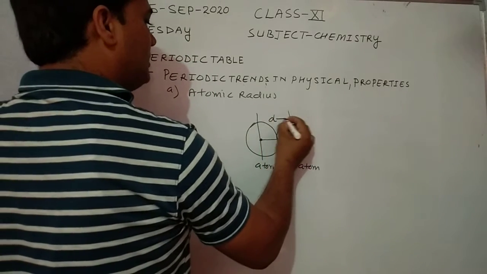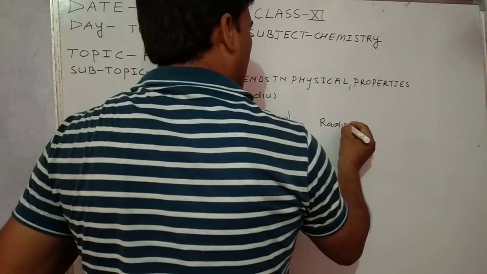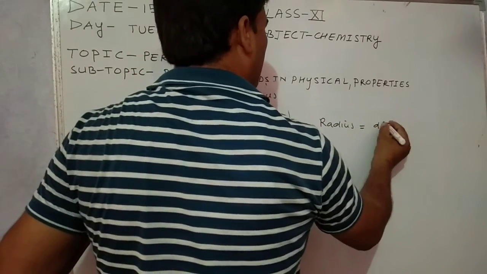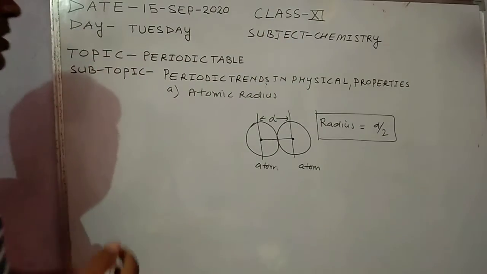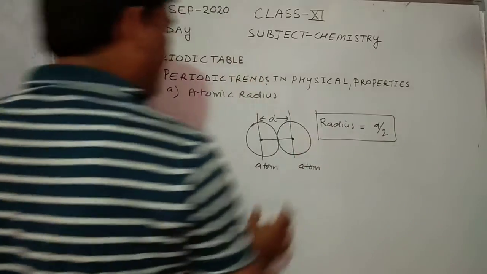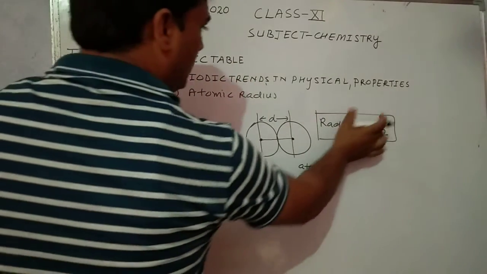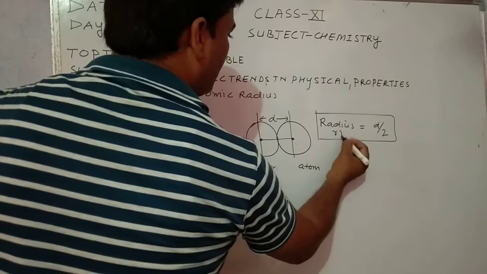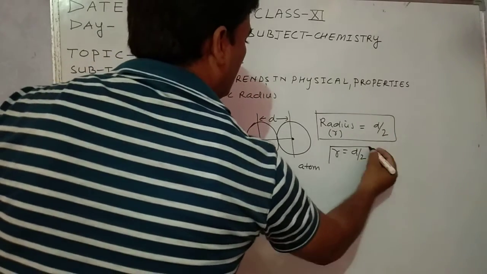It is denoted as D. So radius is equal to D by 2, because radius is defined as half of the internuclear distance between two bonded atoms. It is denoted as R. So R is equal to D by 2.